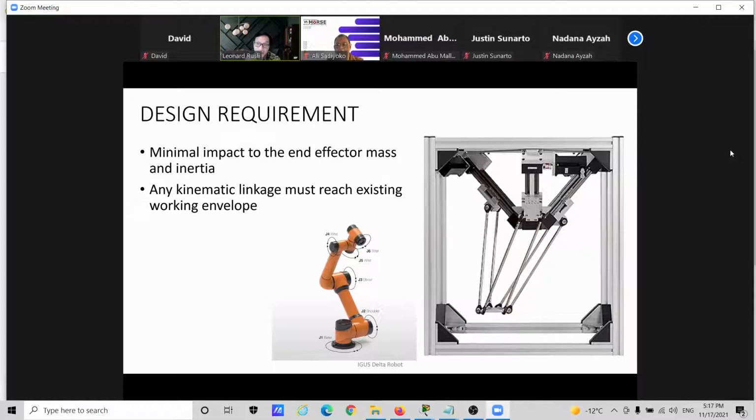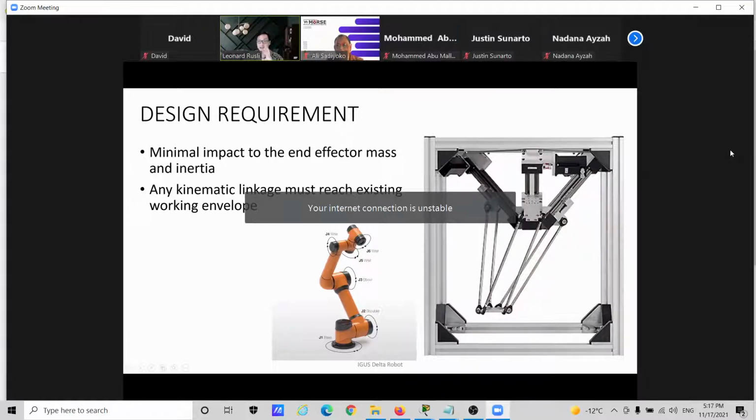The end effector of a Delta robot is very light. It's only at the end here, and the arms tend to be very light. So again, whatever we add to it, not the end effector. For example, the natural solution is to just add a stepper motor or a servo at the end effector.